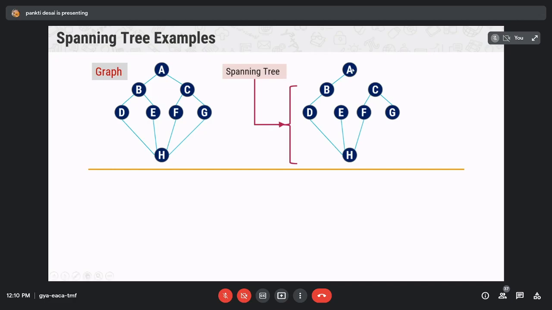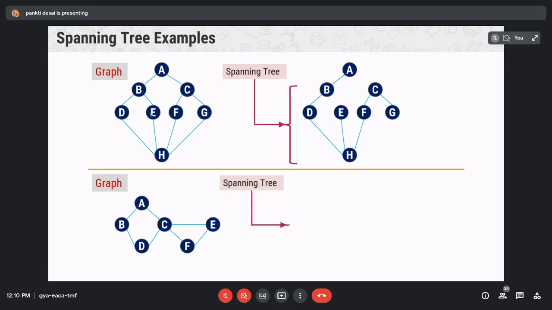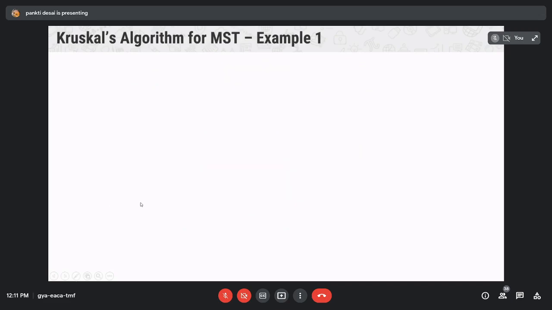So it contains all the vertices A, B, C, D, E, F, G, H, but does not contain any cycle. So this is the spanning tree for this given graph G. Another example: this is the spanning tree for this graph G.